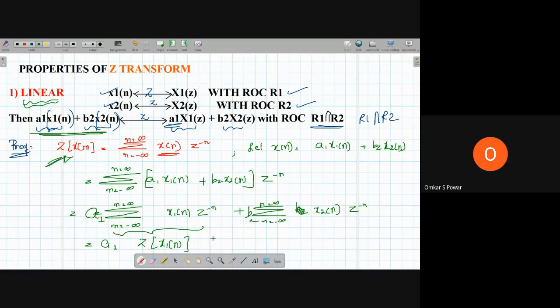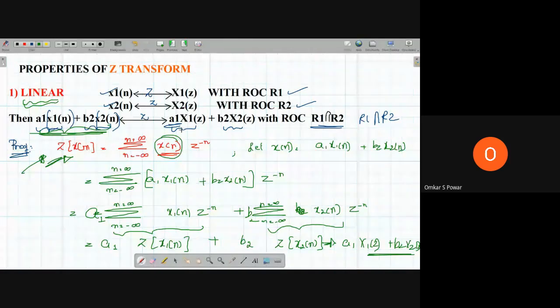Plus b2 into the summation of x2 of n z to the power of minus n, which is nothing but the Z transform of x2 of n. So we have got our RHS, which is a1 X1 of z plus b2 X2 of z. It's simple: you take the Z transform formula, substitute x of n as the left hand side term, and get your right hand side term easily by simplifying the terms. So that is the linearity property.